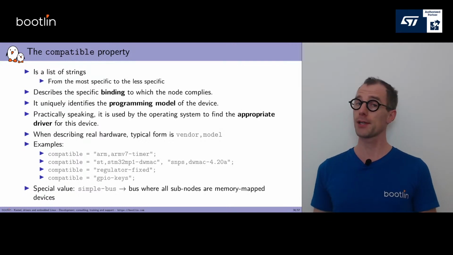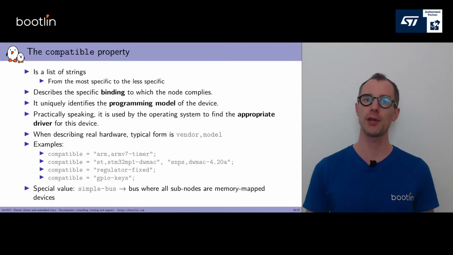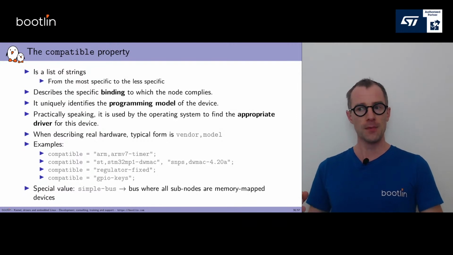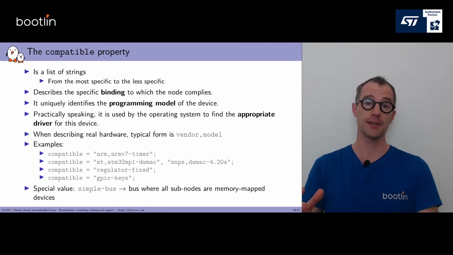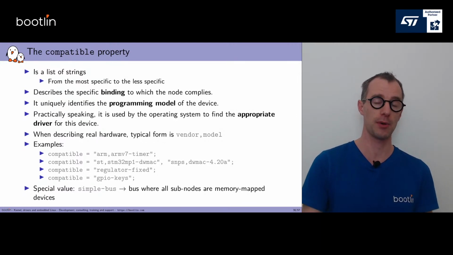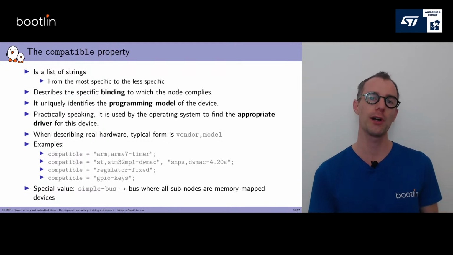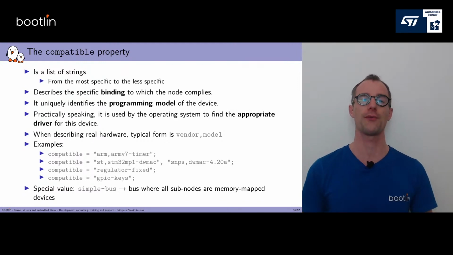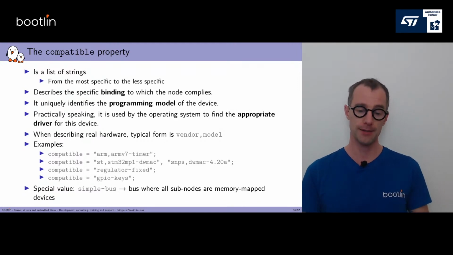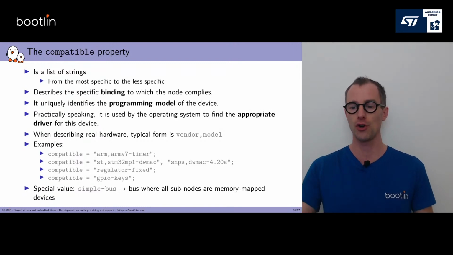Or GPIO keys is a Linux driver that uses a GPIO to create a kind of a keyboard that can be seen from user space applications as a regular input device providing key events. So again, this is not really real hardware, it's kind of an abstraction on top of the GPIO hardware. Hence the fact that it doesn't have this vendor, model naming.